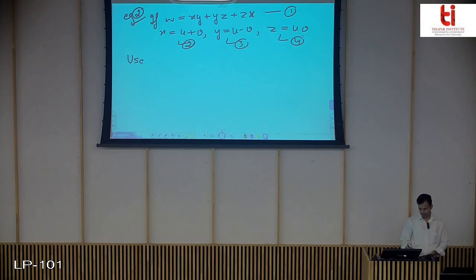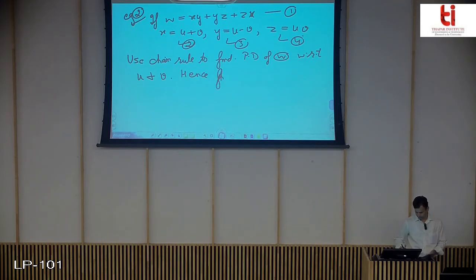Use chain rule to find partial derivative of w with respect to u and v. Hence find the value at the point 1/2, 1.